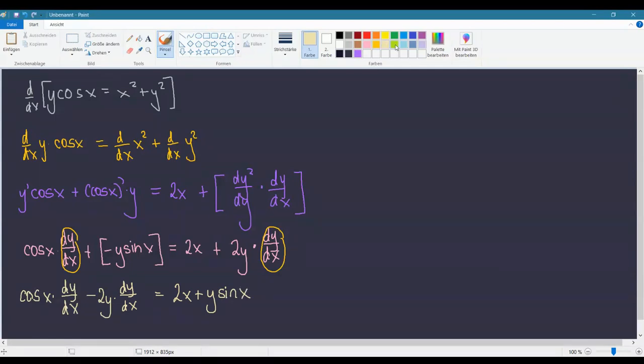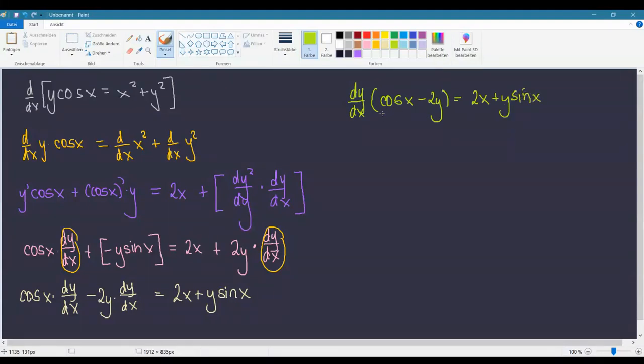So now I'm going to change colors again. Now we're going to factor by grouping. So what we're going to do is factor out dy/dx on the left side, and we're going to end up with dy/dx times (cosine x minus 2y) equals 2x plus y sine x.